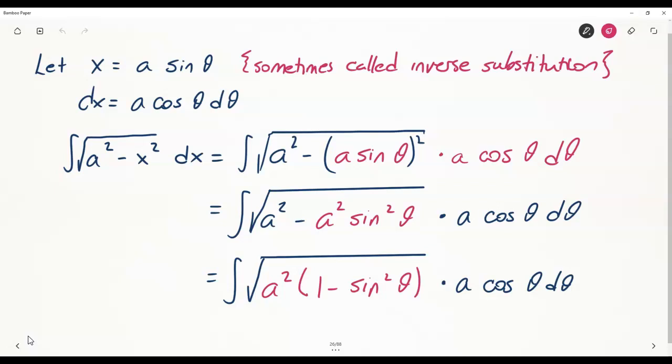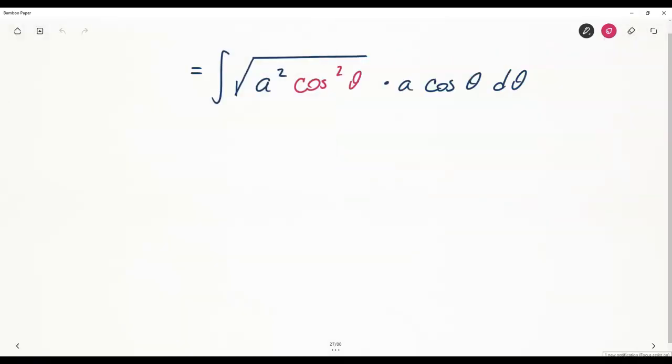Are y'all good? Okay. I had a slow writer in my calculus class, so I'm just checking. So that 1 minus sine squared becomes cosine squared. Now, what is that square root going to do? You can get rid of it if you take the pairs out.